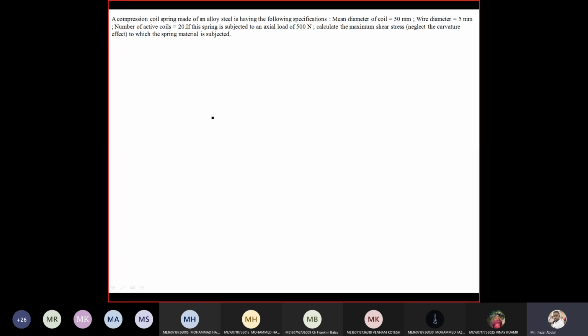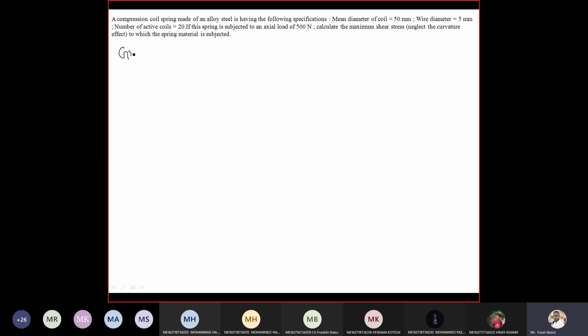Now see here, the question is given. A compression coil spring is made of alloy steel having the following specification. Mean diameter of the coil is 50 mm.